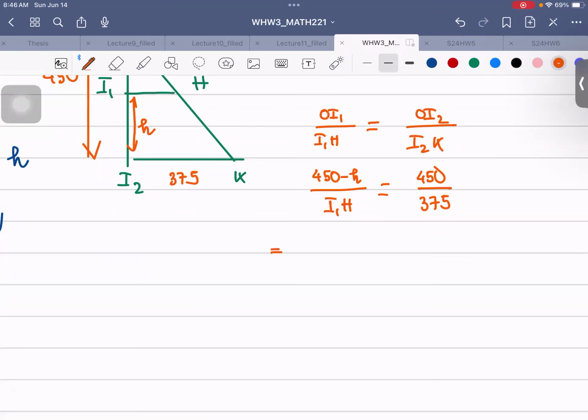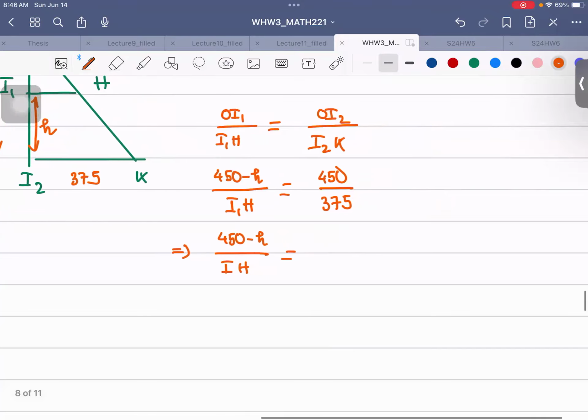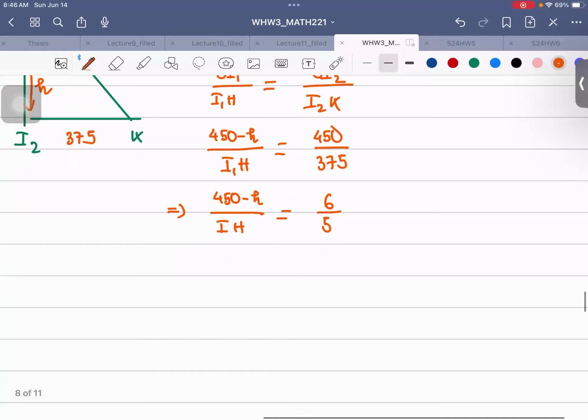Okay, so let's simplify this. We're going to have I1H equal to, okay, so what is 450 divided by 375? Let me compute it. 450 divided by 375, you have 6 over 5.